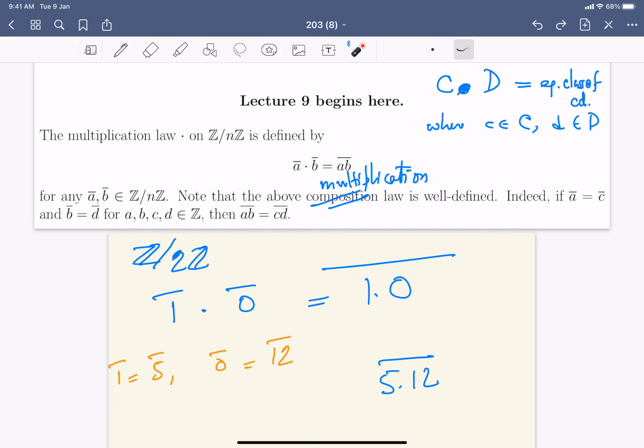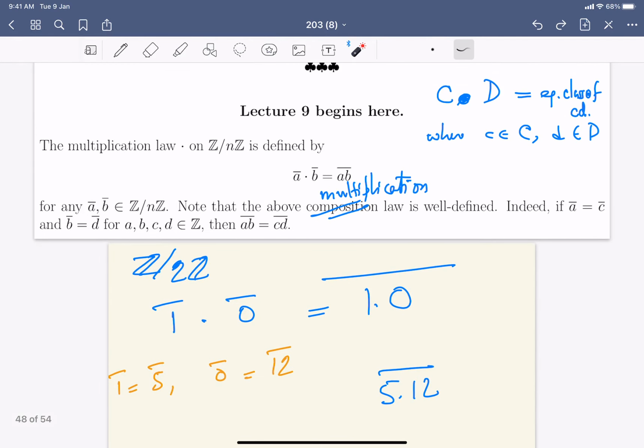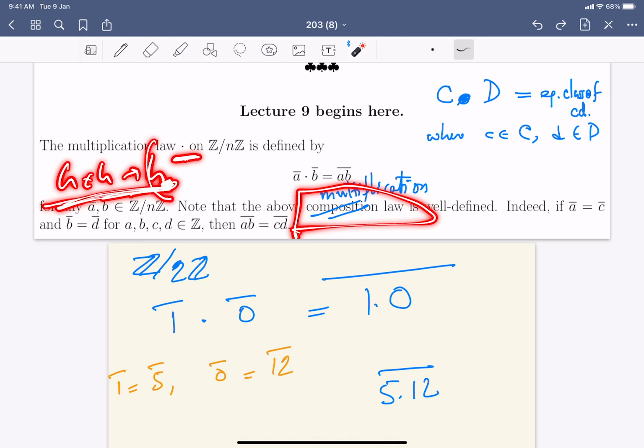One can show that. This is just a map from G cross G to G, where G is Z mod nZ. Okay, so this multiplication law that we have defined above is a function from G cross G to G, that's all. So this is not a composition law, and one can show that G does not form a group under this law that you have defined.